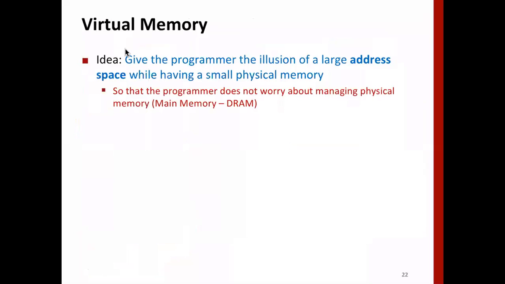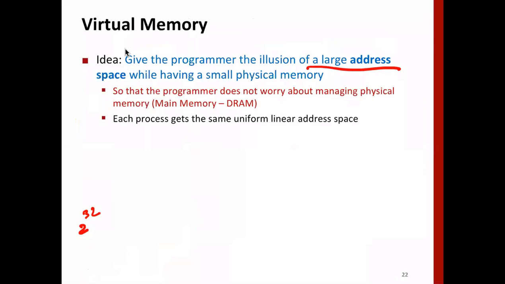The programmer has the illusion of a very large address space while having a very small physical memory. So physical memory can be smaller than the address space. How much is the address space? A 32-bit address space is 2 raised to the power 32 addresses, which is 4 GB. Main memory has been much smaller than this for a very long time. Now, of course, we have 4 GB of memory, like my laptop has 4 GB.